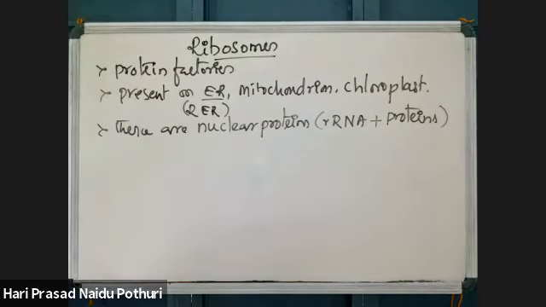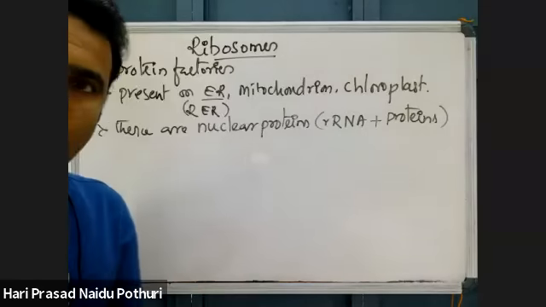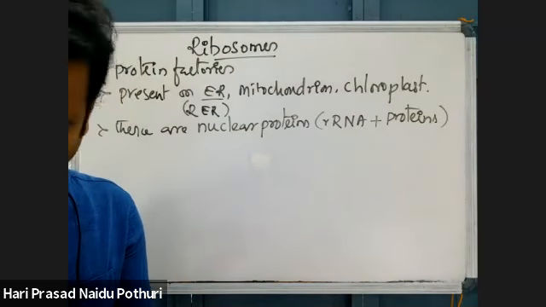Ribosomes also have a dual role. Ribosomes are involved in two functions. These ribosomes are protein synthesizing machineries, and they have these RNAs and proteins.